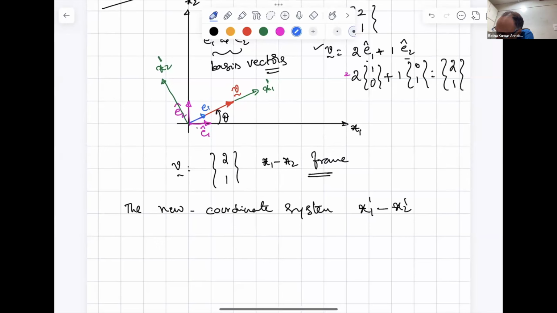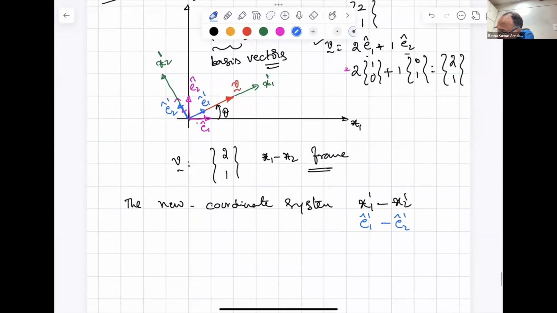This is e1 hat dash. This is my e2 hat. And this is my e2 hat dash. Do you agree? I'm just saying that I have my new basis vectors. e1 hat dash is along x1 dash. e2 hat dash is along x2 dash.